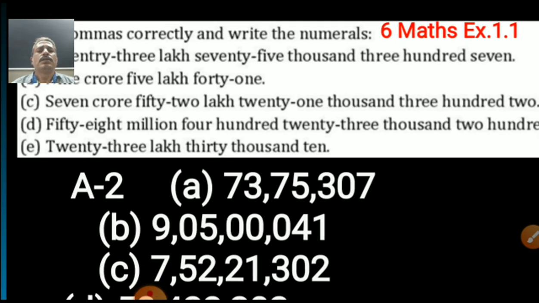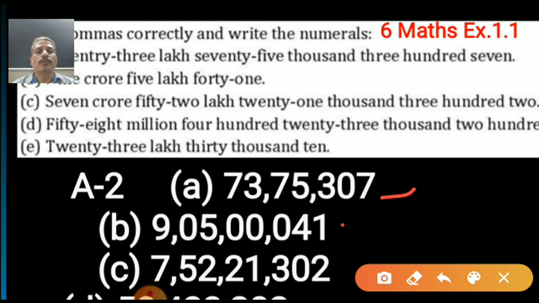Third, 7 crore 52 lakh 21,302. The answers are given here. How to write? In the place of thousand, lakh or crore, we have to put the number. If the number is not there, add 0.